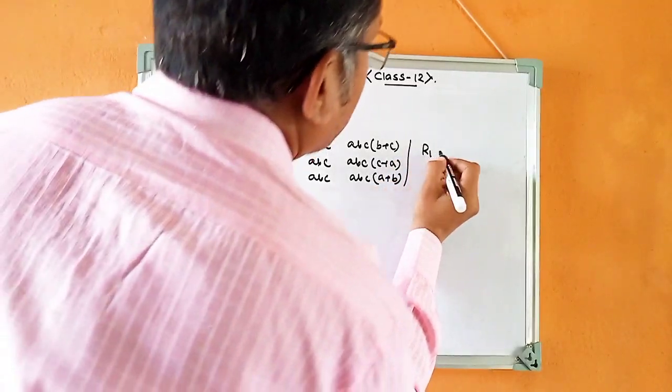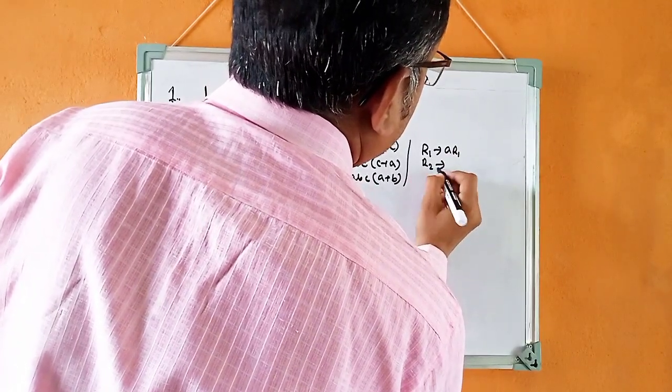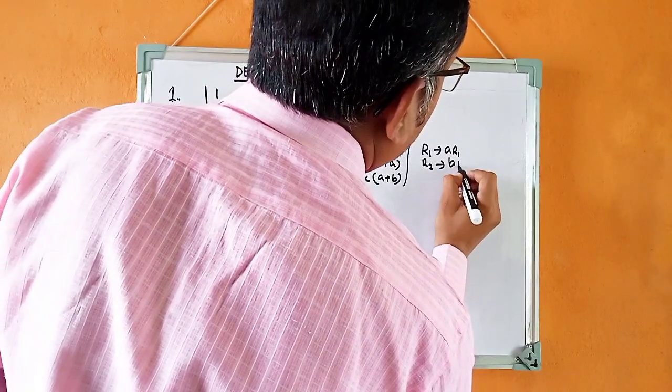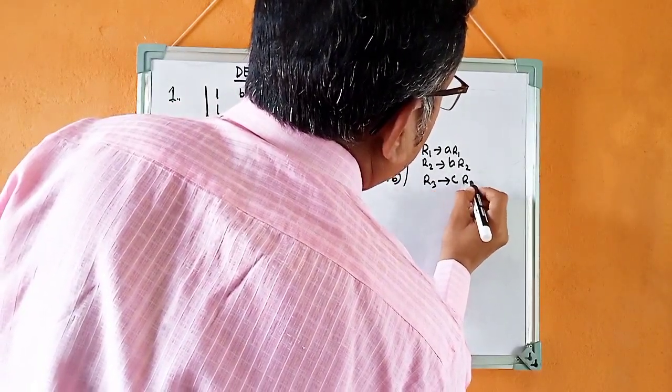So R1 equal to A R1, R2 equal to B R2, R3 equal to C R3.